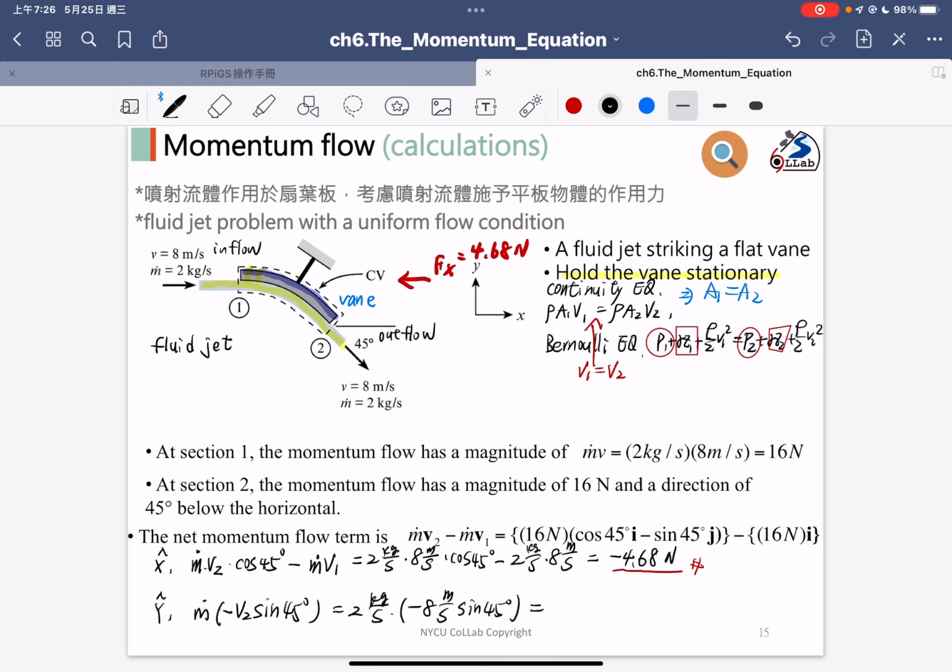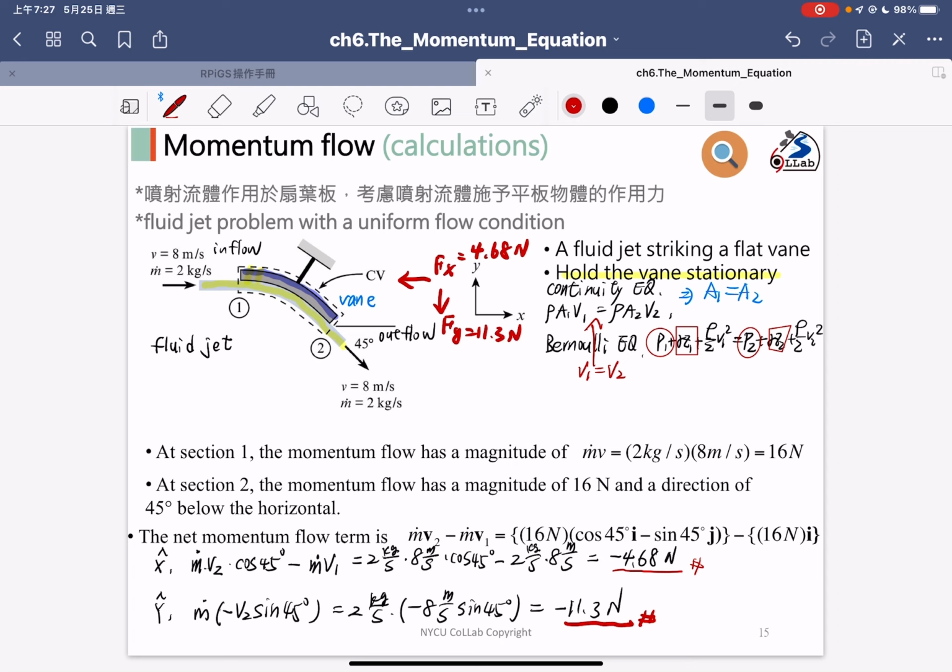The answer will equal minus 11.3 Newton. So we have an additional force along the y direction that is downward, and Fy will equal 11.3 Newton.